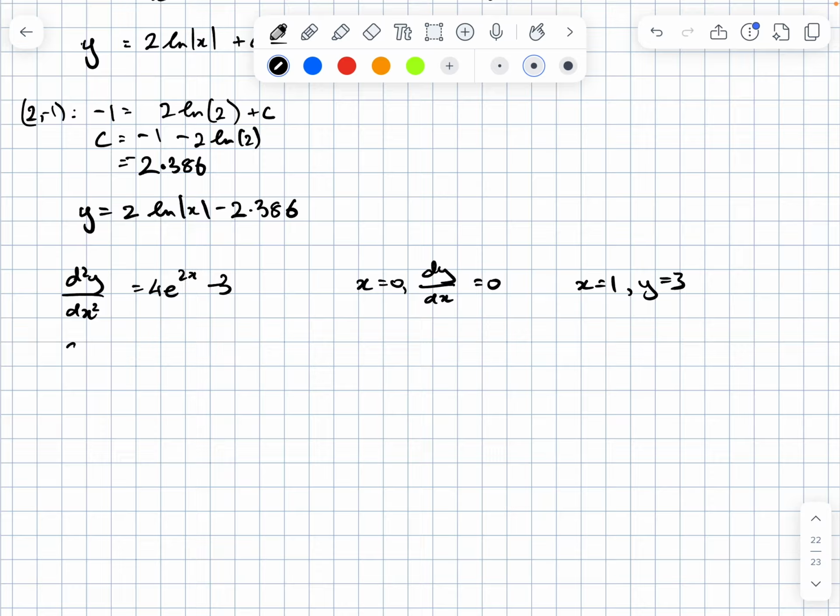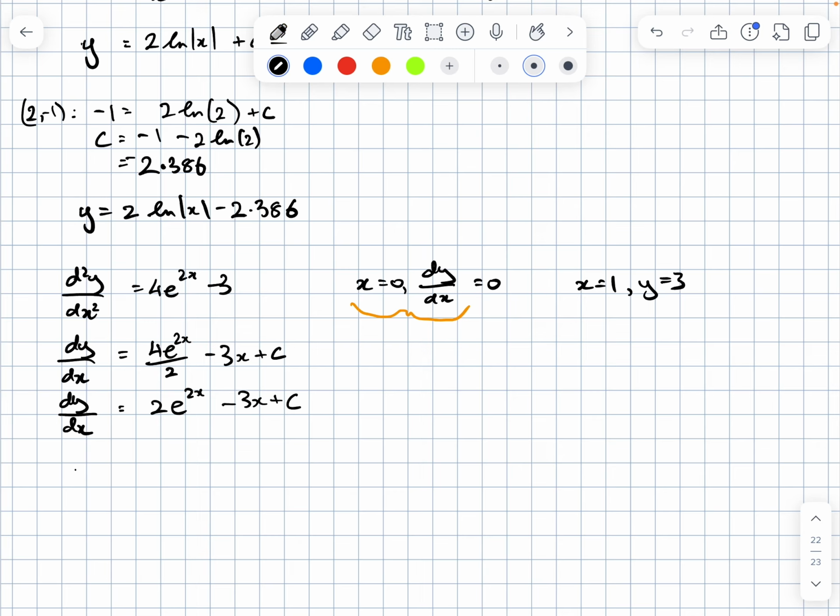Integrating the first time, we get dy dx is equal to 4e to the power of 2x over 2 minus 3x plus c. Now simplifying first always, that gives you 2e to the power of 2x minus 3x plus c. Now that we have an equation for dy dx, we can substitute this condition.